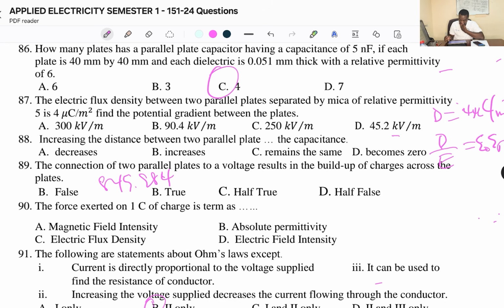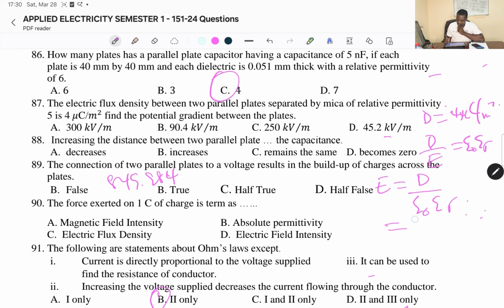So if we are interested in this, we make it the subject, right? So we have this to be equal to absolute permittivity over, it's rather the opposite, right? To rather be this electric flux density over.